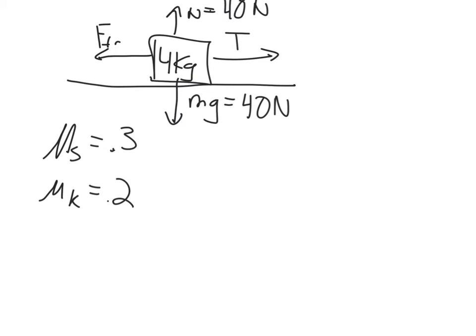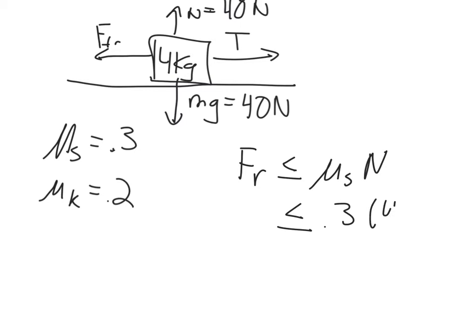And our force of friction from before, we saw that that is always less than or equal to mu sub s n. So that means that it is less than or equal to 0.3 times 40, which is, 3 out of every 10, should be 12.